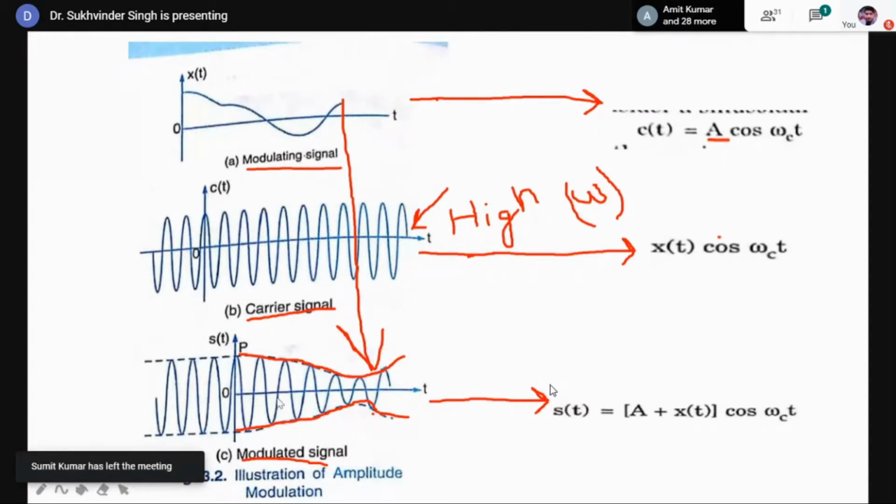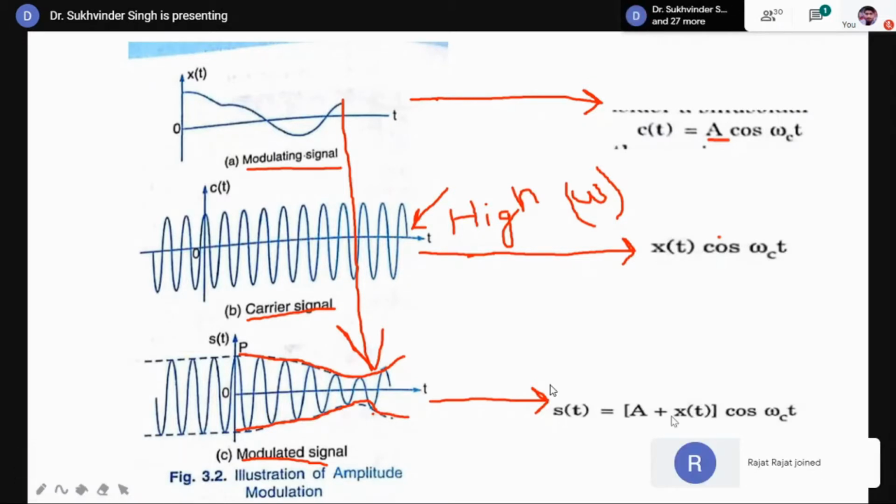So obviously, this physical picture of the amplitude modulating process, this third diagram, should be represented by a mathematical expression. And that mathematical expression should include both the carrier wave and the modulating wave, plus the effect of superimposition of the modulating wave on the carrier wave.